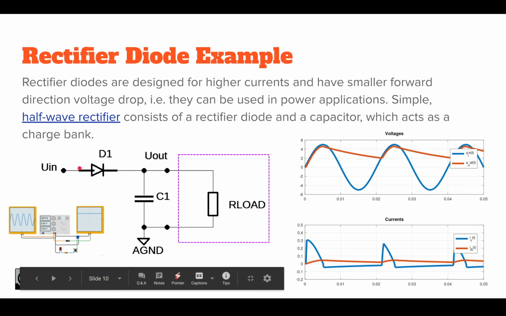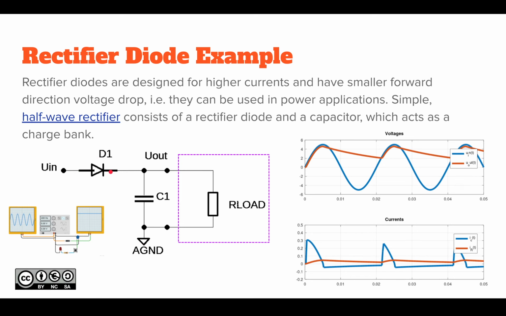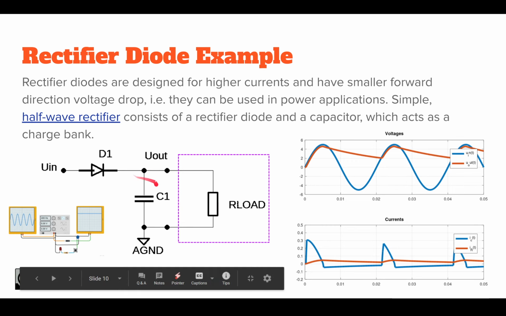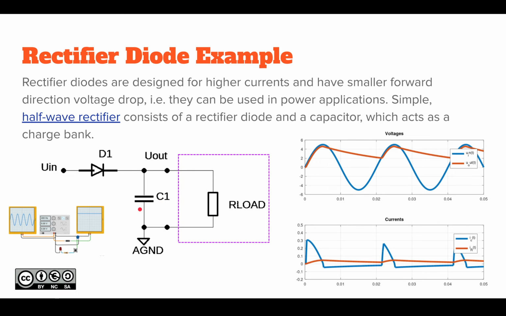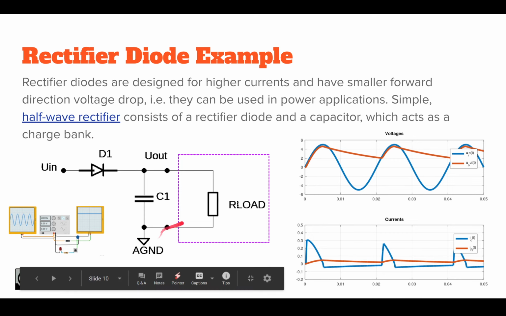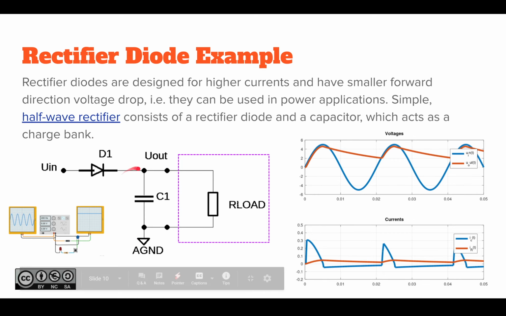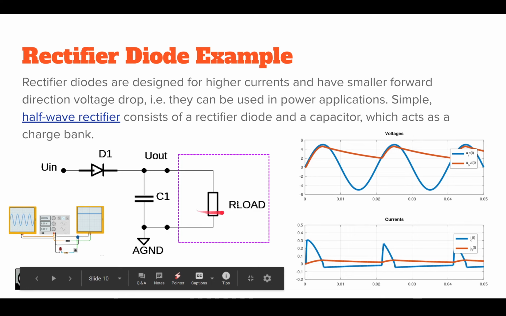Whenever you have higher voltage or current flow in D1, it can charge your battery. There's also that C1, which is a charge bank, just a capacitor. The half-wave rectifier itself is just these two parts, D1 and C1, and this is where you connect your load.